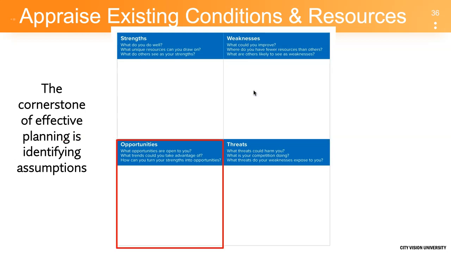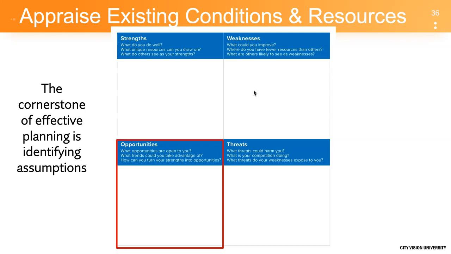And then what are our opportunities? Now the thing to know about opportunities is that's going to be external to you, usually external to your environment. But what are the things out there that you can take advantage of using your strengths? Now that's the key there, is coupling your strengths to your opportunities. That's where you're going to have the most robust program development and support, connecting those two things.